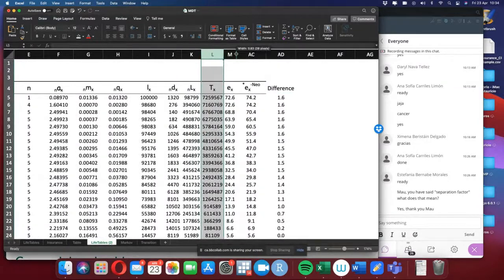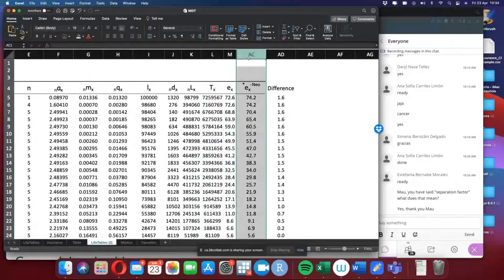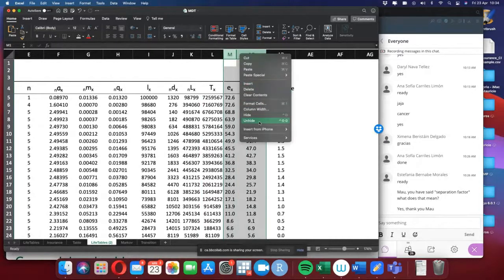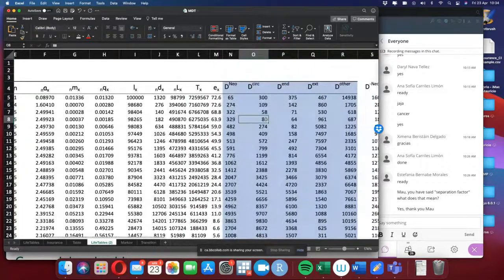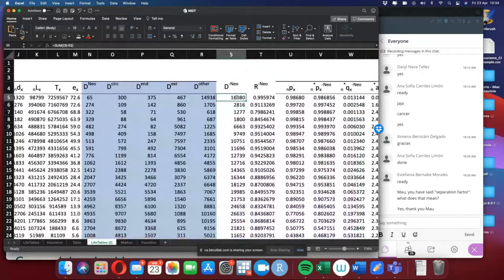I want to show it. So okay, what if instead of using cancer, we just exclude circulatory disease. Again, it's really easy because we have it in general here.